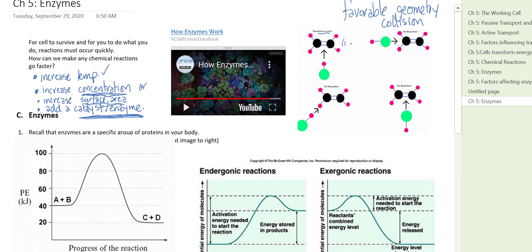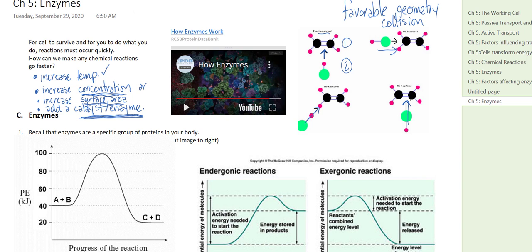Reaction occurs. So colliding in this manner gives us the best possible result. If the molecule collides from this end, or here or here, these just simply aren't effective collisions in terms of what the end result is expected to be.